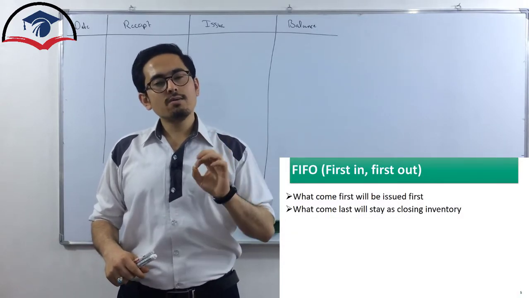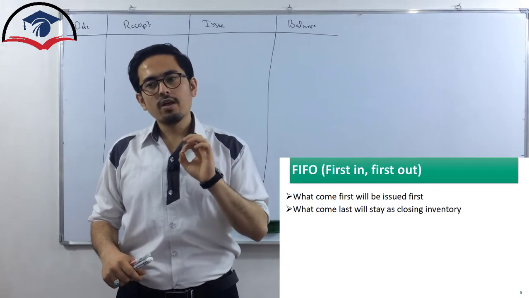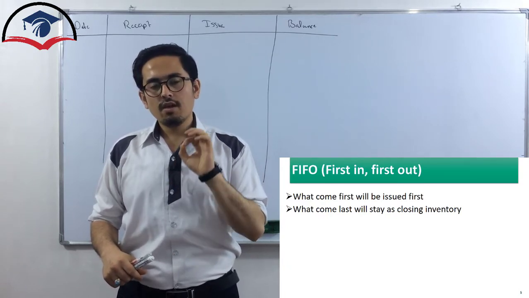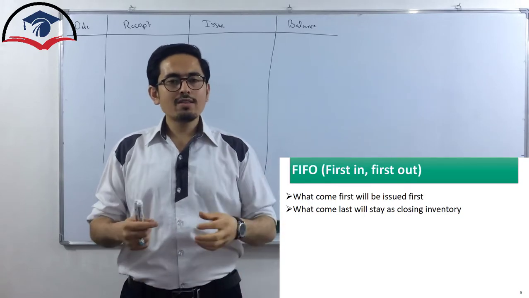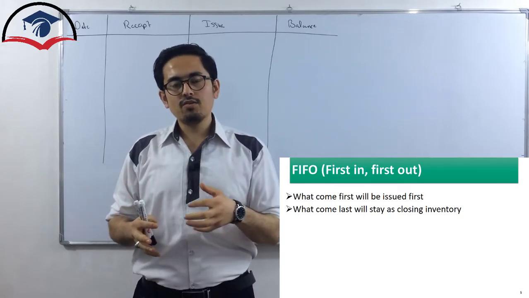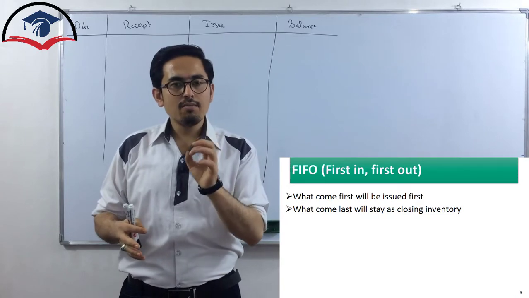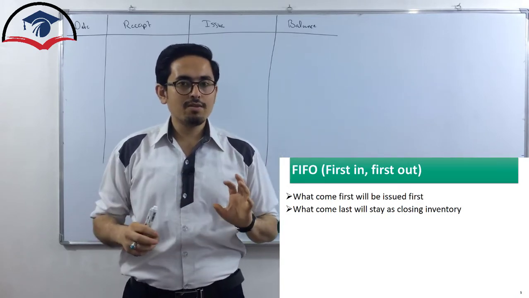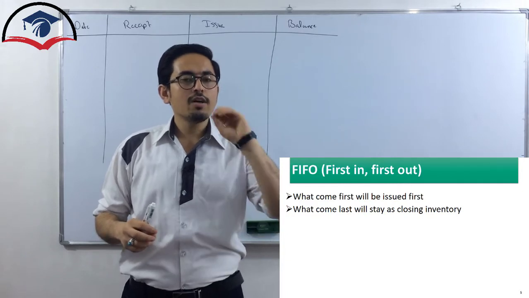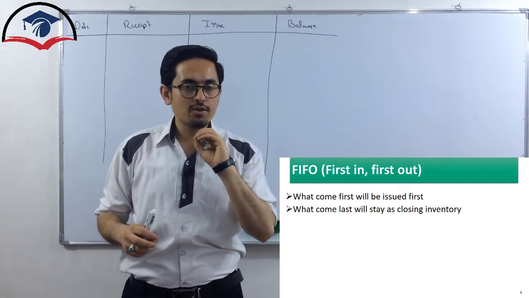FIFO: what comes first will be issued first. From its name, first in, first out. What comes into the business as inventory first will go out from the business, from the stock, as the first option.